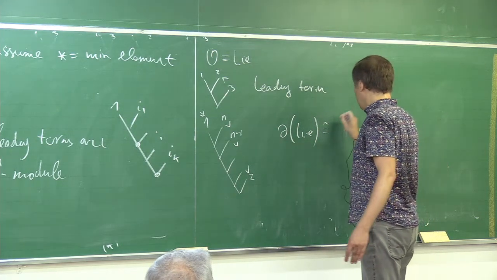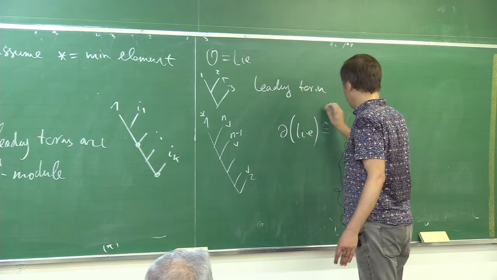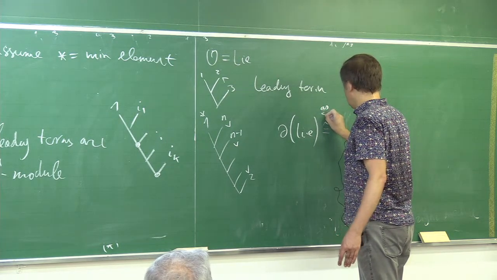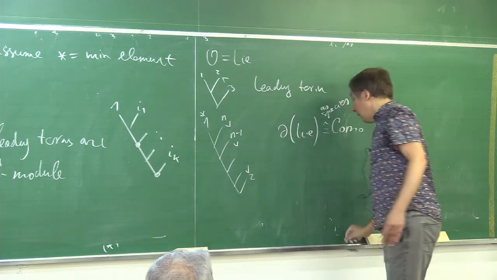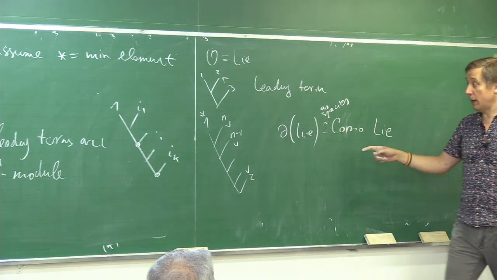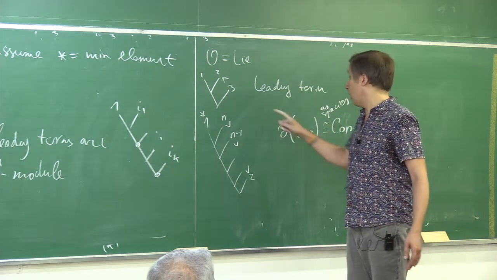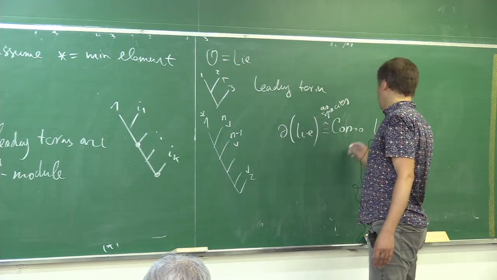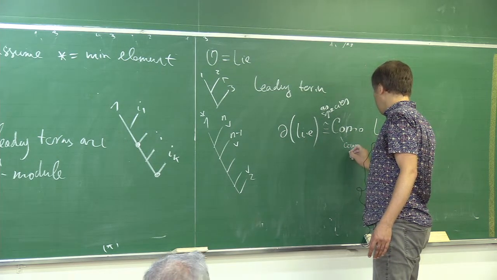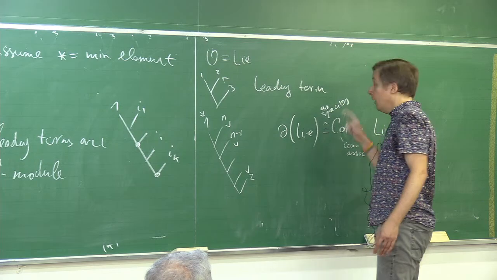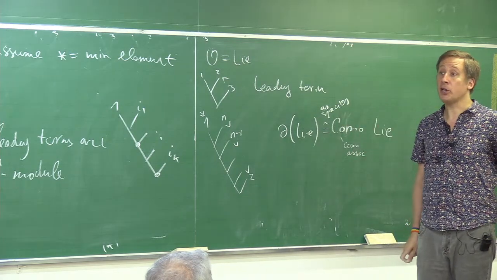So in fact, as species, it's circle Lie, because somehow it's the underlying species of the operad of commutative associative algebras. It's a trivial representation in each arity.